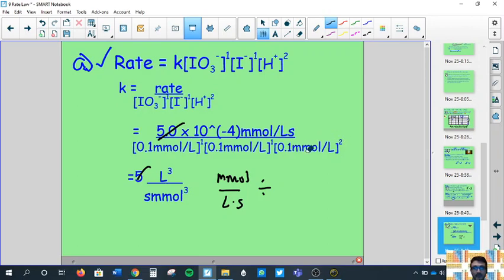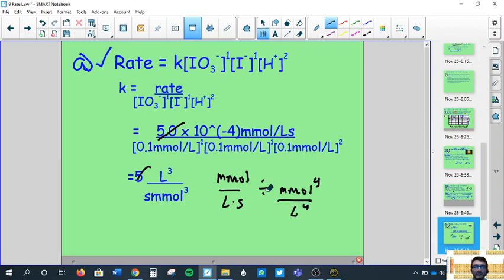So that's 2 millimoles plus 2 more millimoles. That's millimole to the power of 4. I'm leaving out liters here, but it's millimoles per liter times millimoles per liter times millimoles per liter. Both of those are squared, so it's actually millimole to the 4 and liter to the 4.